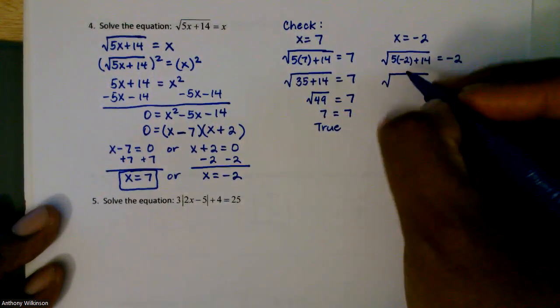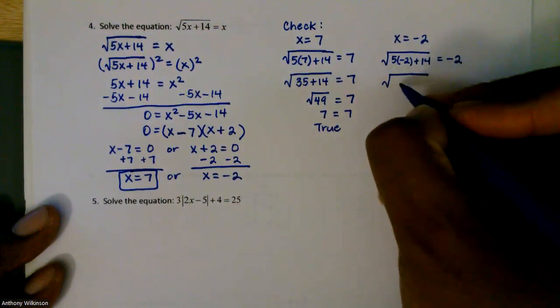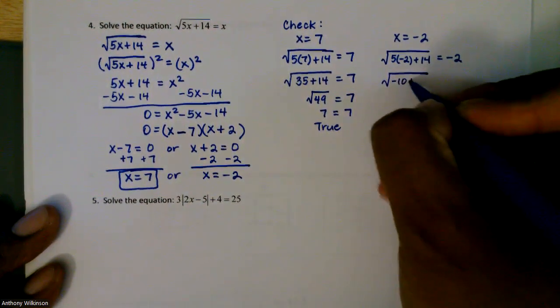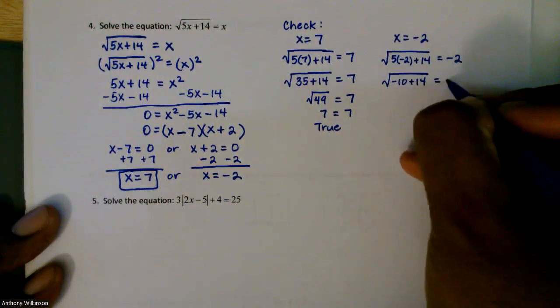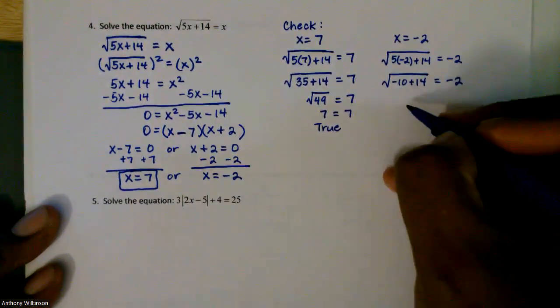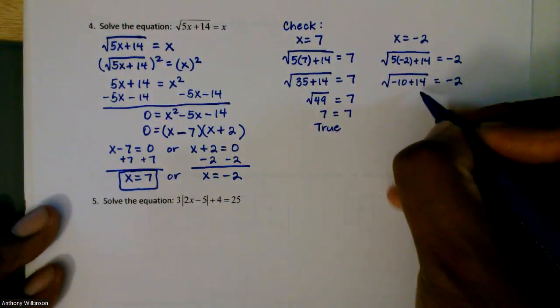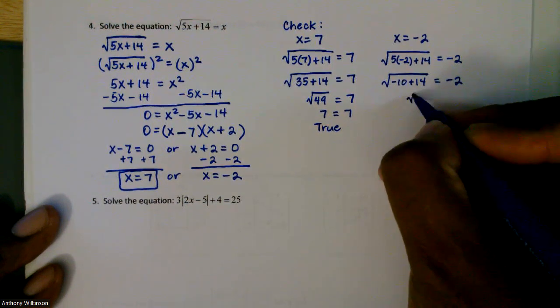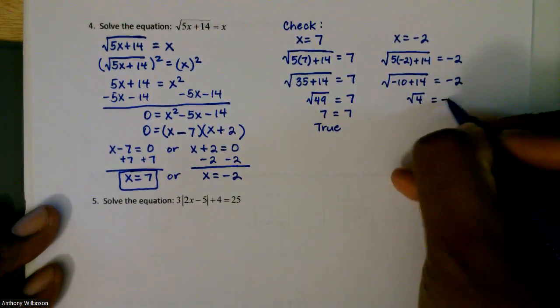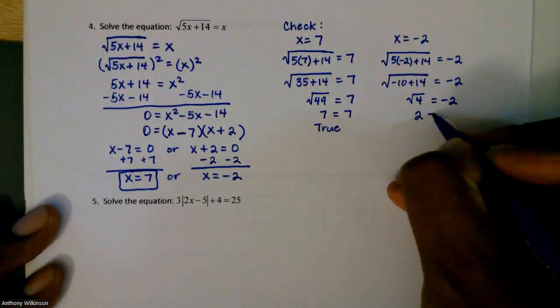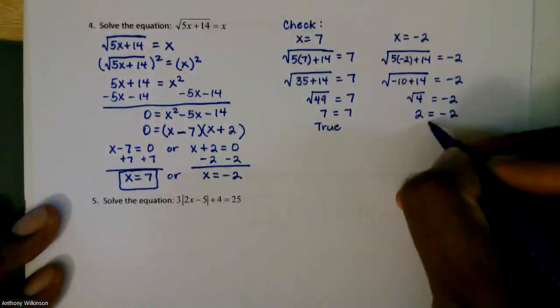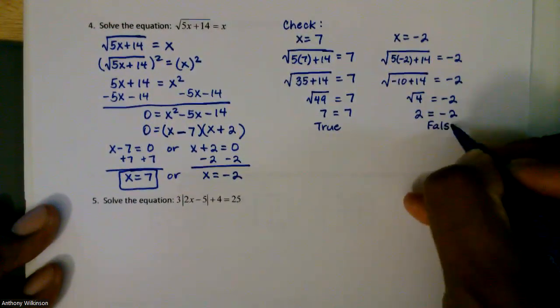So here you have the square root of 5 times -2, that's -10, plus 14, that should equal -2. Negative 10 plus 14 will be 4. So if I take the square root of 4, I'm going to get 2. 2 does not equal -2, as you can see.